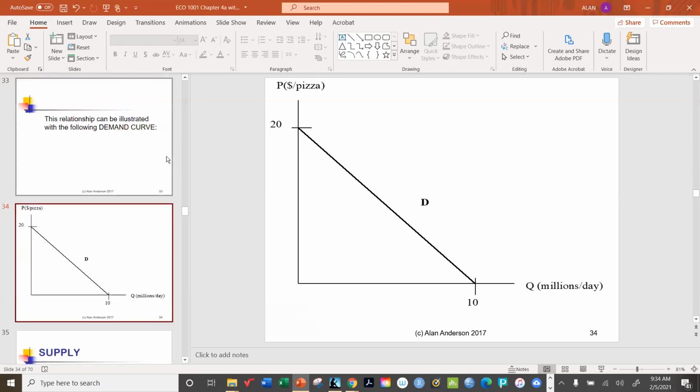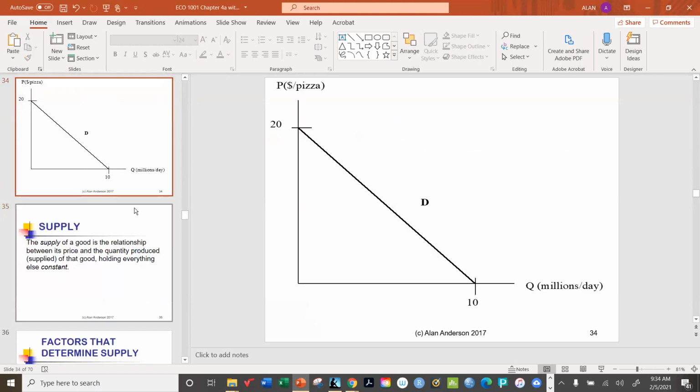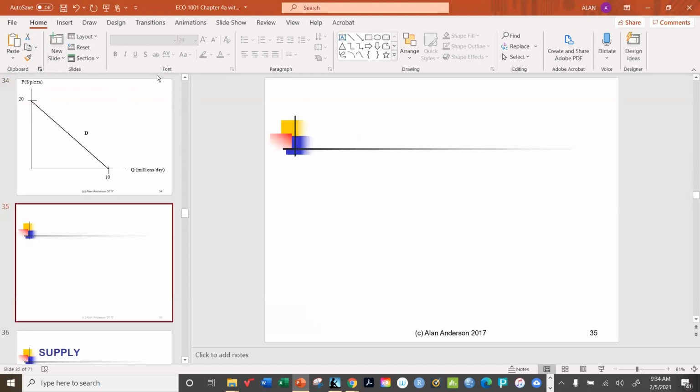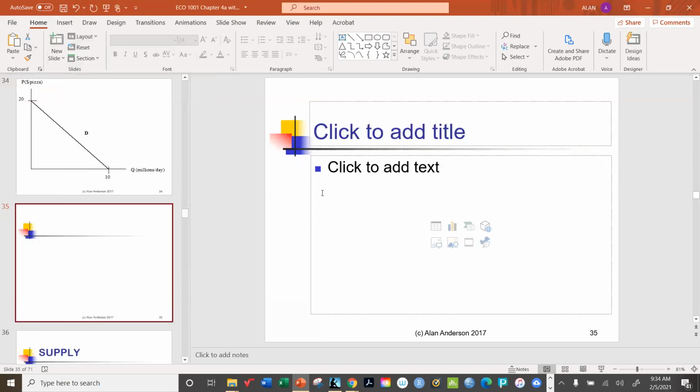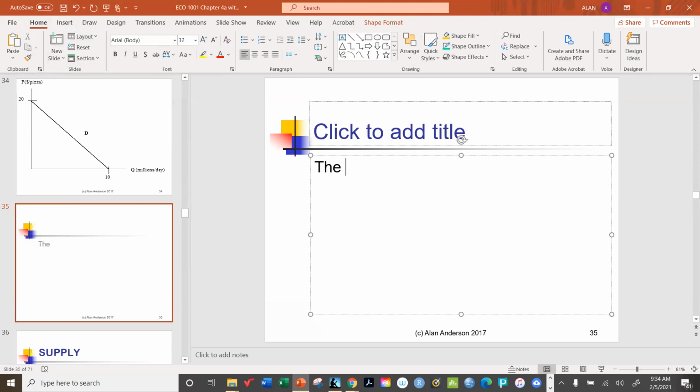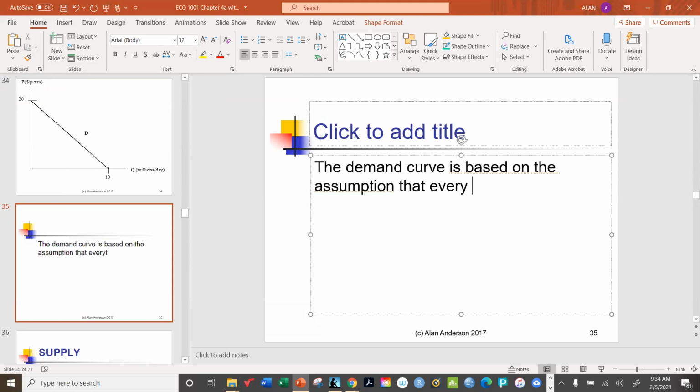Now, I do want to mention here that implicitly, and it doesn't say this here, but I'm going to mention this right now, the curve is based on the assumption that everything else, everything except for the price, is being held constant along this curve.